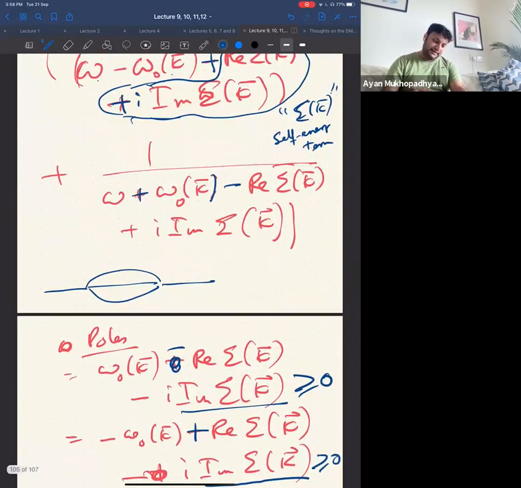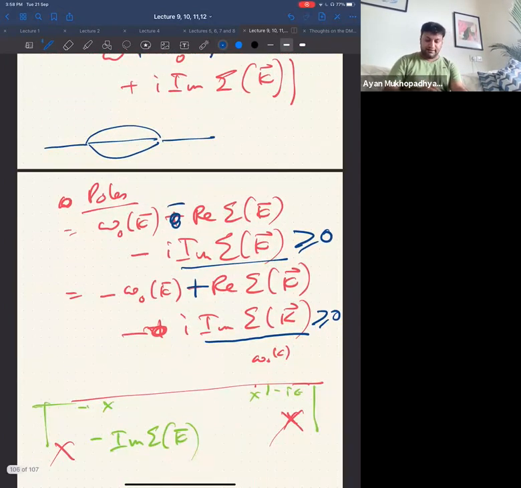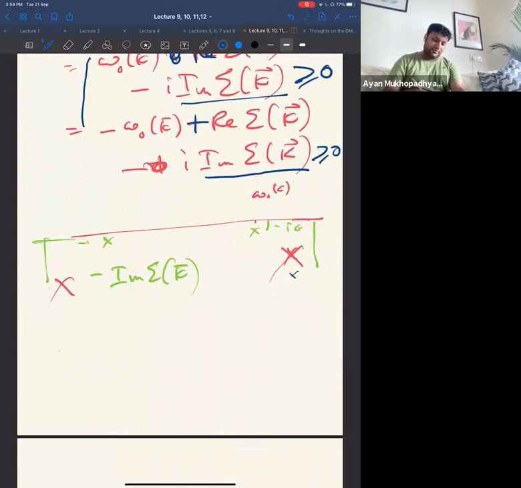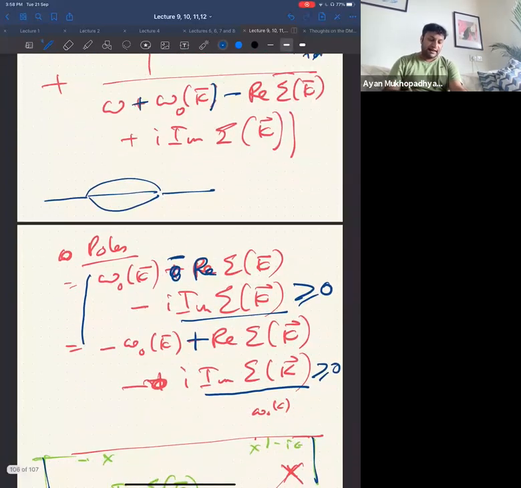Anyway, the main point is that you expect the real parts to be still like this: omega naught k minus real sigma k and minus omega naught. So the real parts are simply negative of each other, but the imaginary parts are both shifted downwards from the real axis by the amount imaginary sigma k. So that's the structure you expect intuitively, and I'm going to explain why you intuitively expect that.